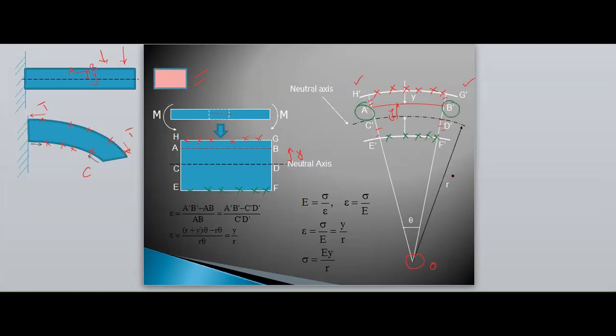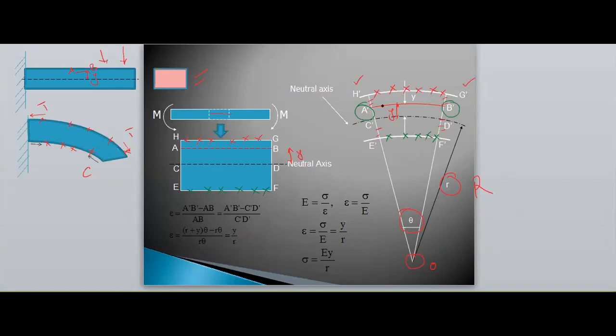In textbooks it is represented as capital R, the radius of curvature. So inner radius, outer radius, as well as the middle radius, that is the midline radius. Now it is a radius from O, and the angle between the cross-sectional planes is theta.